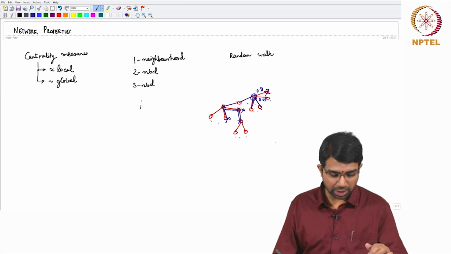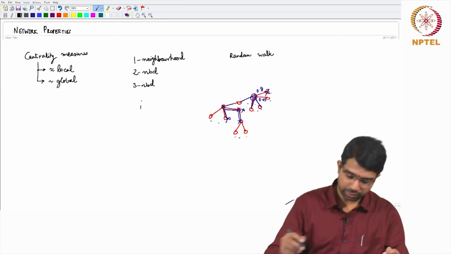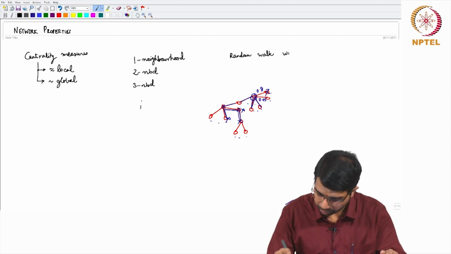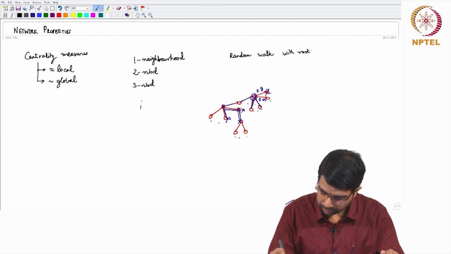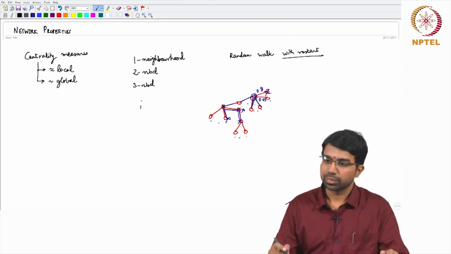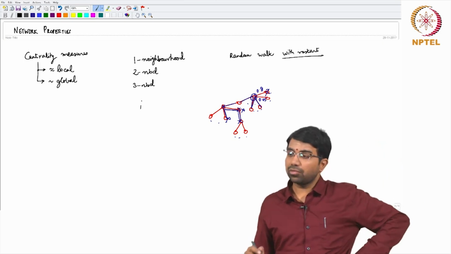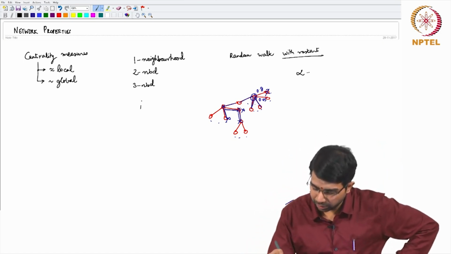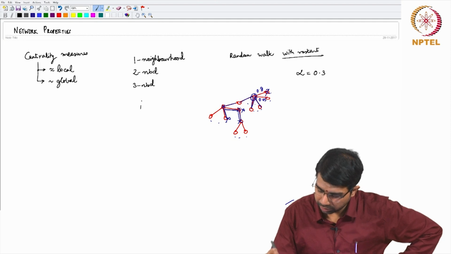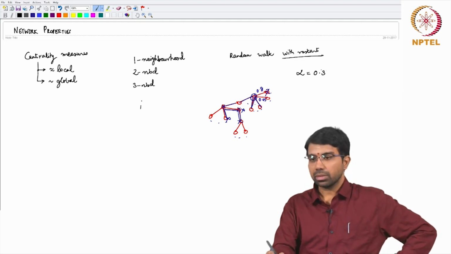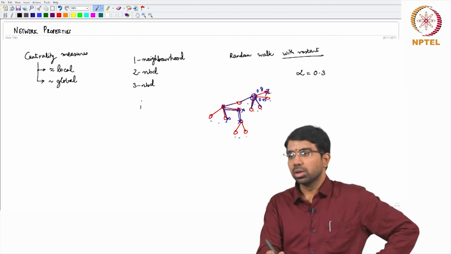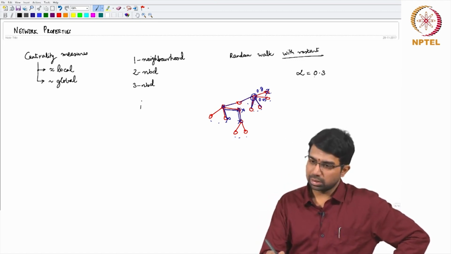There is this notion of random walk with restart. So, you now define an alpha value, let us say alpha equals 0.3, right, which means that with 0.3 probability you will restart your random walk.